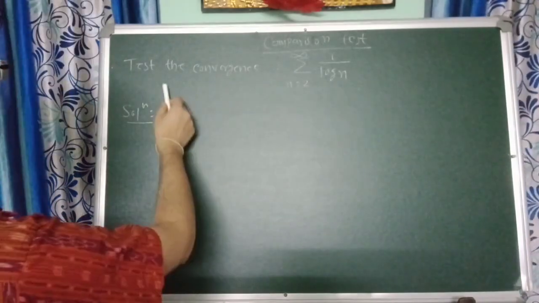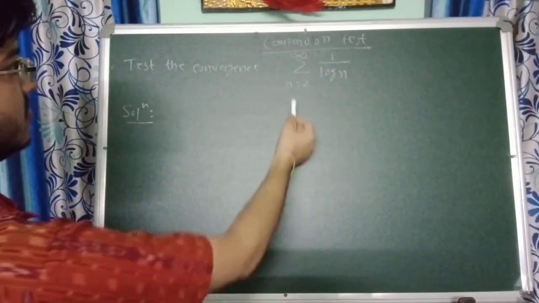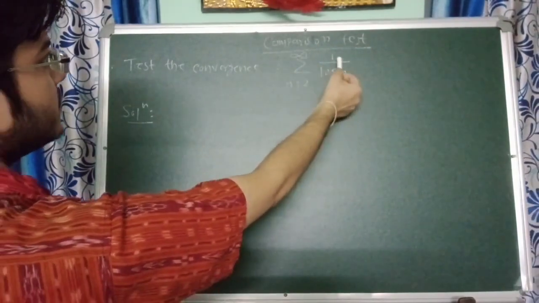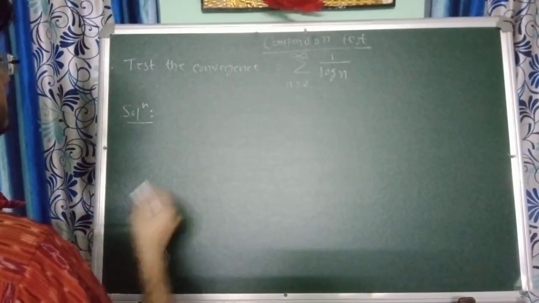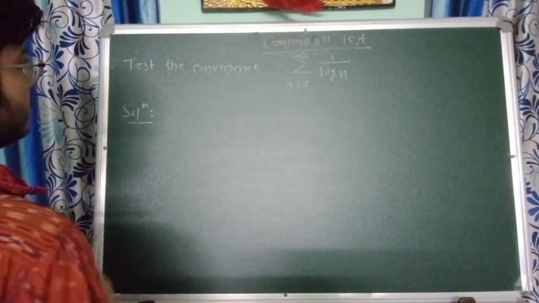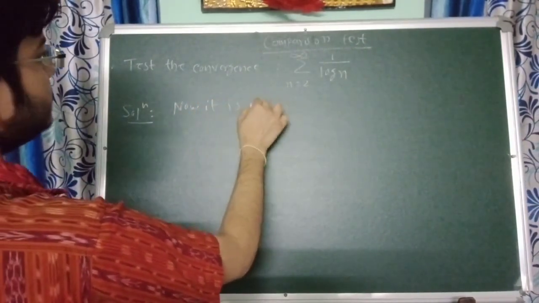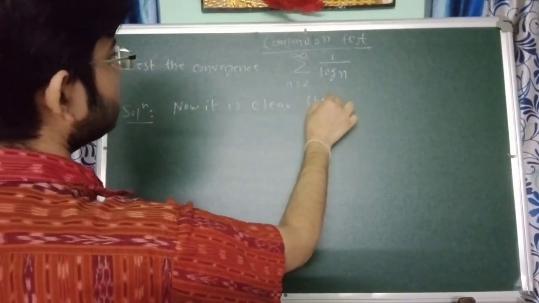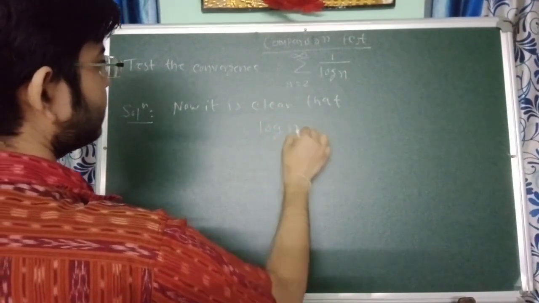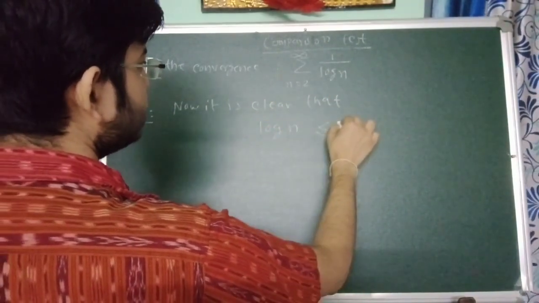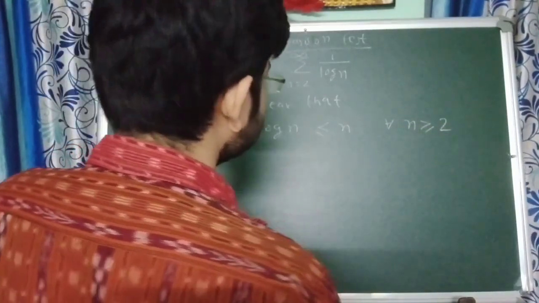Next we consider: test the convergence of the series summation n equals 2 to infinity 1 by log of n. Now it is clear that log n is less than or equal to n for all n greater than or equal to 2.